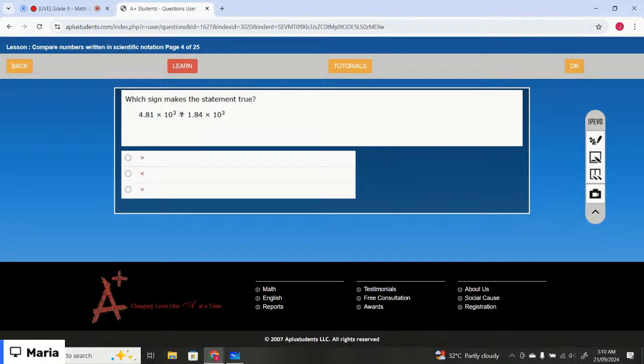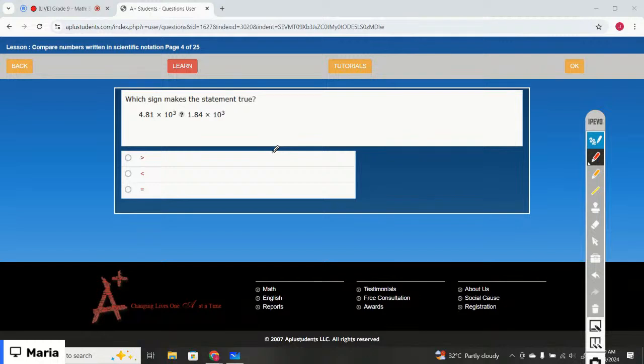Which sign makes the statement true? That is 4.81 times 10 exponent 3 and 1.84 times 10 exponent 3.